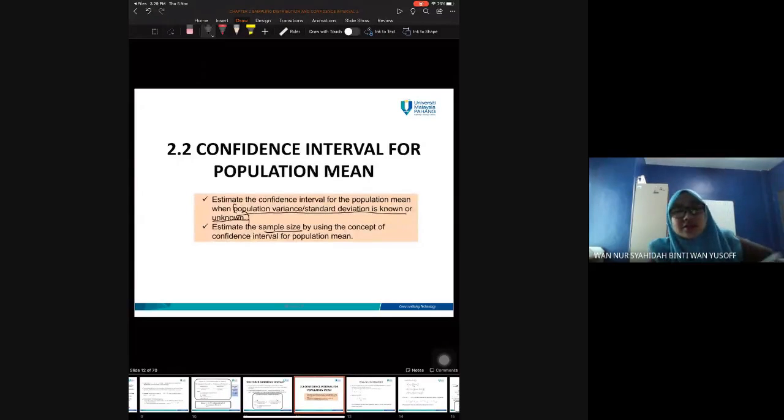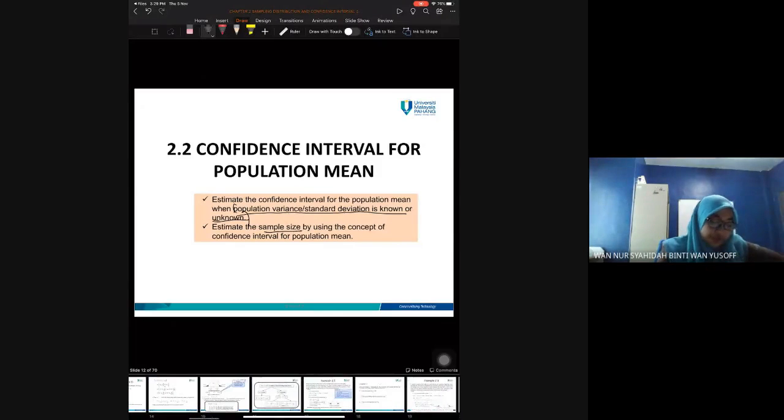Okay, this is where I said population and sample is very important. It is important for you to know how to distinguish the value given in that question. Is it a population value or a sample value? Because it will determine what formula you need to use in that question.